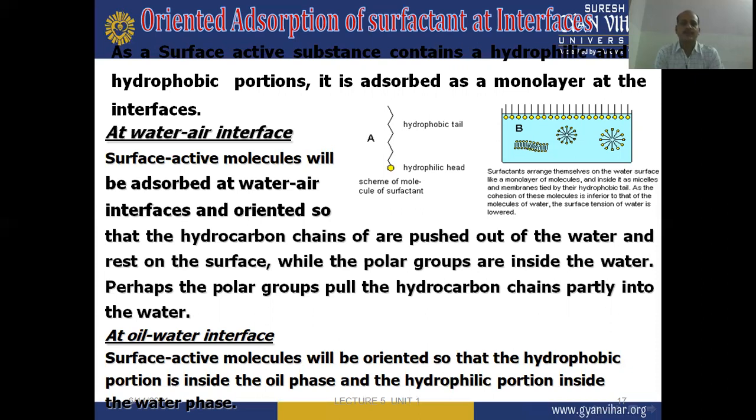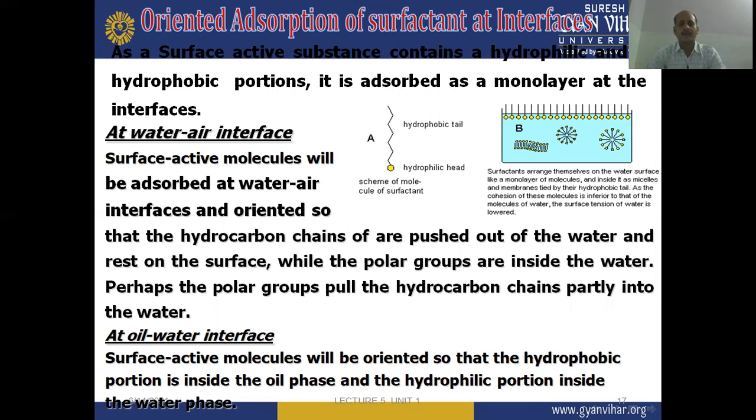As the cohesion of these molecules is lower than that of the molecules of water, the surface tension of water is lowered. So by the addition of a surface active agent, the surface tension of the water will be less. At the water-air interface, surface active molecules will be adsorbed and oriented so that the hydrocarbon chains are pushed out of the water and rest on the surface.